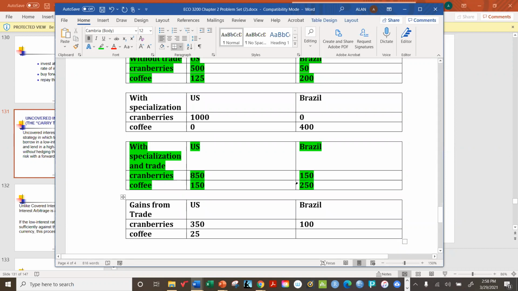And then finally, with the coffee, Brazil previously had 200, now they have 250. So as far as cranberries go, the US increased their consumption of cranberries by 350, Brazil by 100. And with the coffee, the US gains 25, Brazil gains 50.